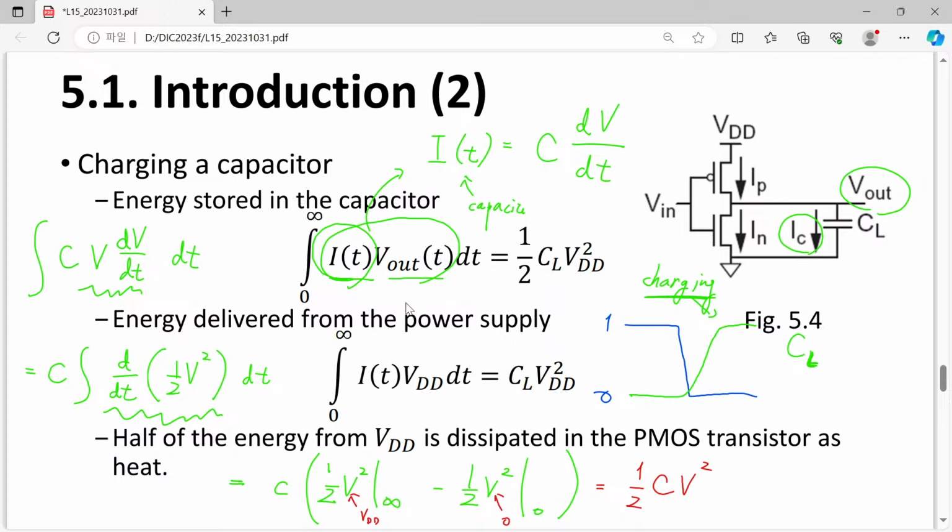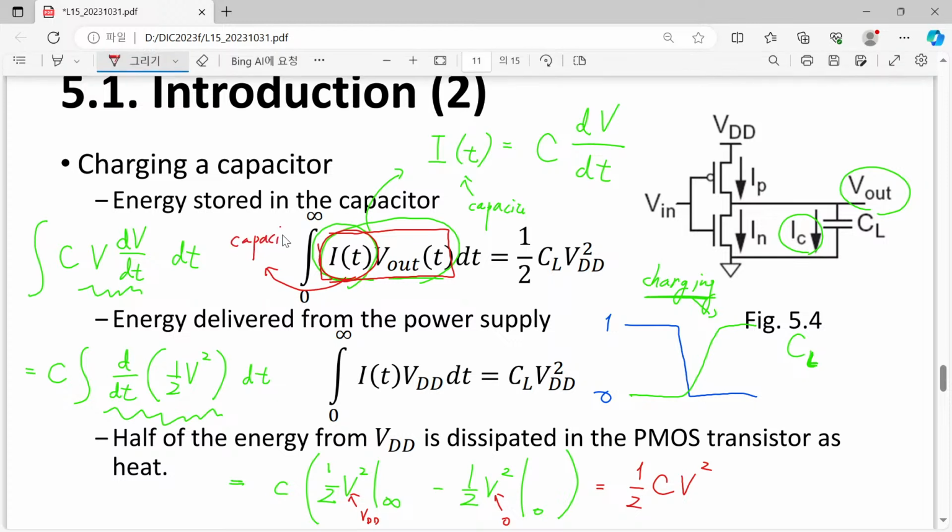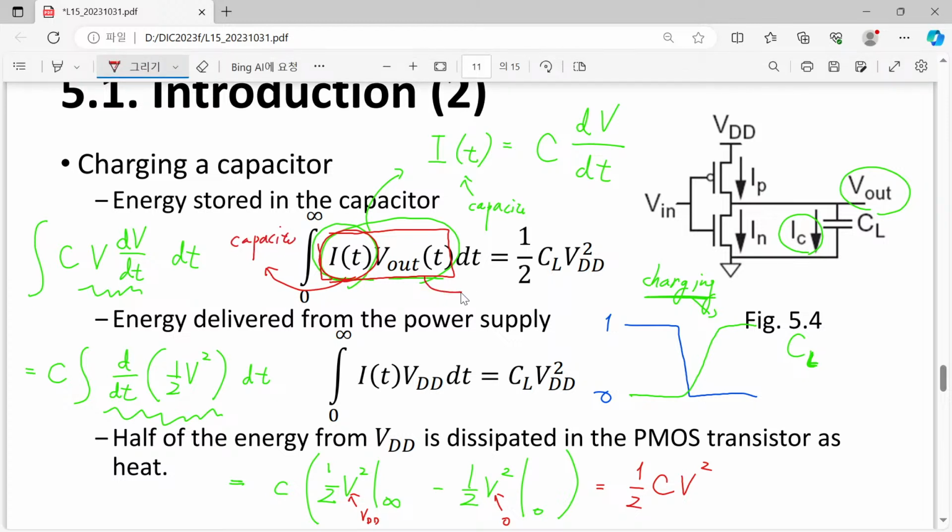This is one we can easily understand. But please note that although this is a general expression for power, in this case we have used the terms for the capacitor, and also V out is the term for the capacitor.